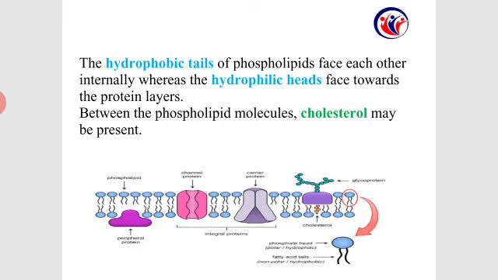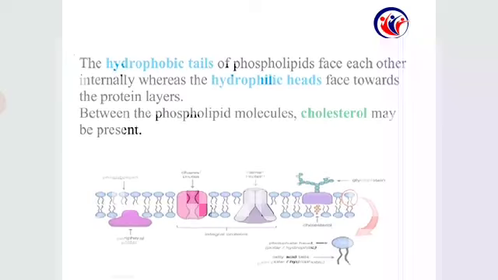They are weaker than covalent bonds. Now, because of that weakness, the molecules, the component parts of the plasma membrane, have the ability to drift laterally in the plane of the membrane. It is a bit rare for these molecules to flip-flop, that is, move from one layer of the phospholipid to another. That's a bit rare, but it could happen.